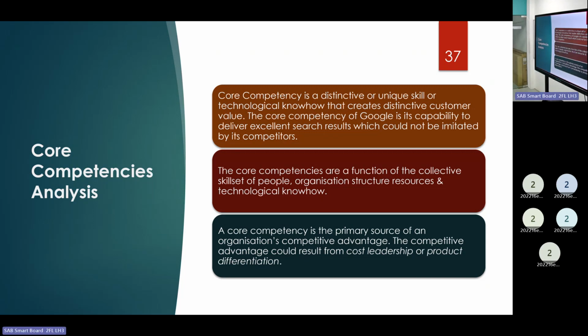The core competency of Google is the capability to deliver external search results, which could not be imitated by other competitors.